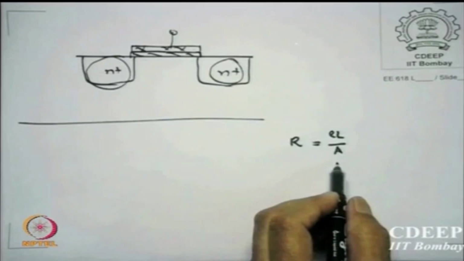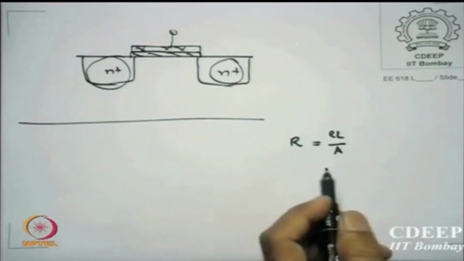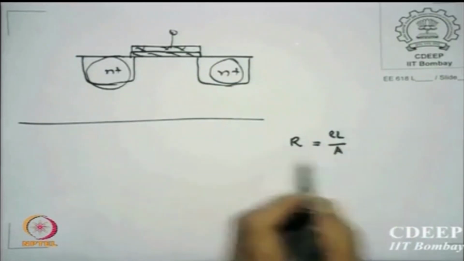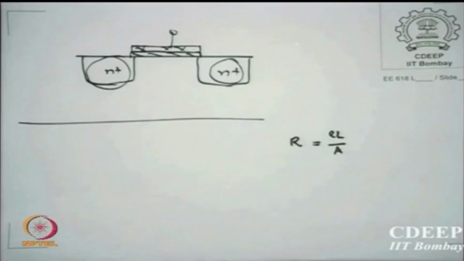If you scale down, this area may be 100 times, 1000 times lower than it was earlier. So R may not be as small as we thought in long channel devices. Please take it that this is why the new models have added these terms. They may not be very dominant, but they may change the pole or zero positions, and therefore one must take care in solving any Kirchhoff law on any circuit.